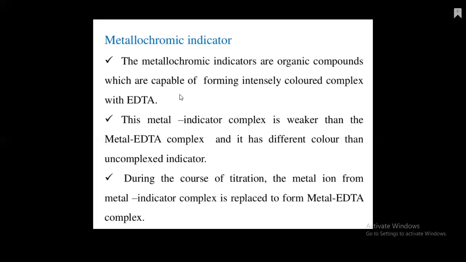When all of the free metal ions are consumed with EDTA, two types of complex are present in the reaction flask: one is metal-EDTA and the second is the metal-indicator complex.